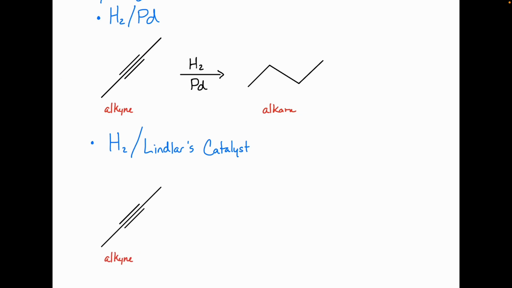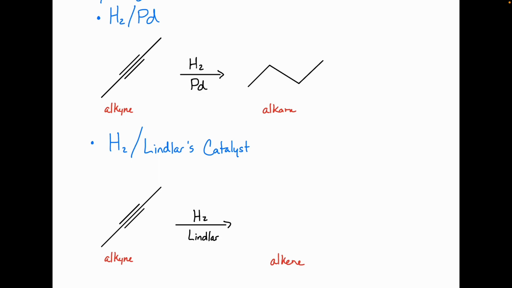So how this set of reagents looks is, again, you use hydrogen gas, but over, they just spell out the name Lindlar. And again, we're going to get an alkene. So this is a way to reduce a triple bond that stops after that one addition.